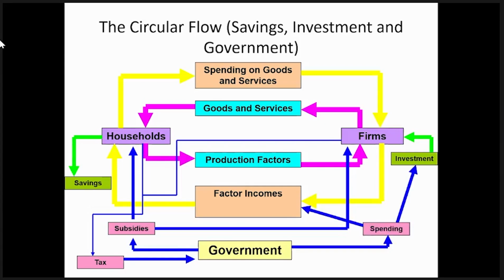Then the government also needs some spending. It has to spend on factor income. Like government needs land, labor, capital, and entrepreneurship. For that, government pays money to buy some labor like us. So we are hired by the government.